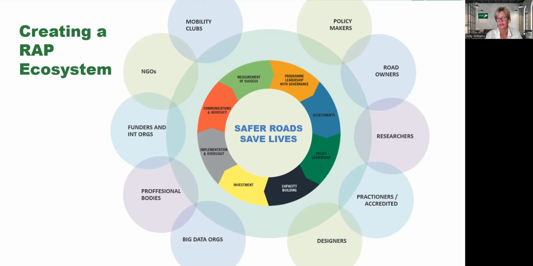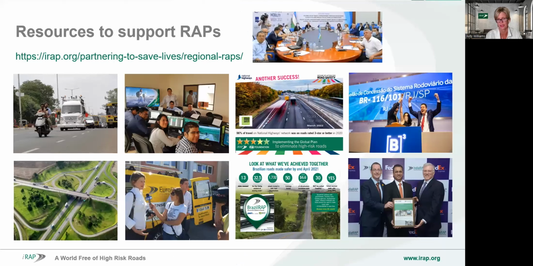Whether it's road authorities, NGOs, consultants, development banks, researchers, professional bodies, industry, we all have a role to play in creating safer roads to save lives. One of the many privileges we have at IRAP is being able to witness and share the amazing achievements of our partners and RAPs all over the world. They are making an incredible life-saving difference from roadsides to the corridors of power.